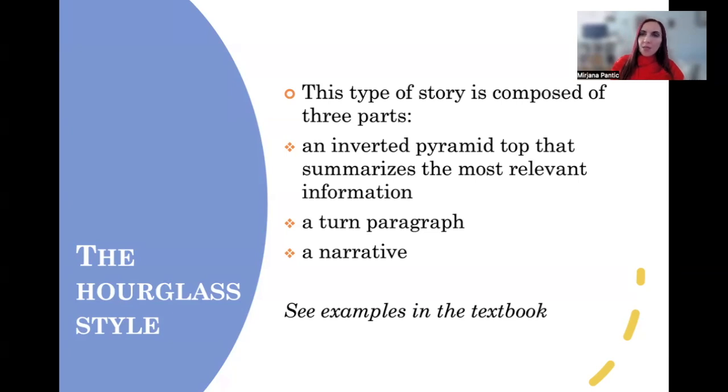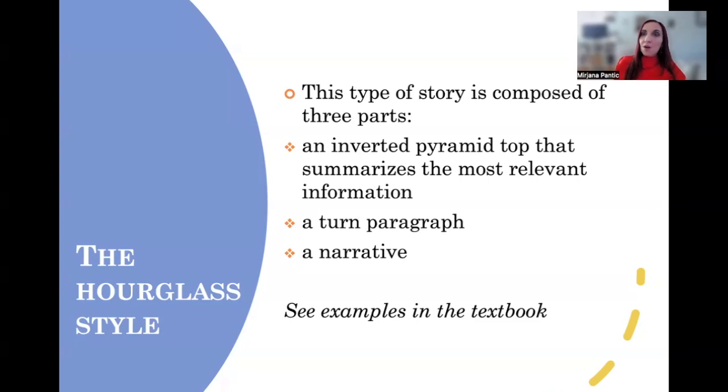Let's say you want to write about a bank robbery, and you start with the inverted pyramid. This is what happened. This is how much money was taken out of the bank. This is what the police officer had to say. So you basically provide all the important information about the story.